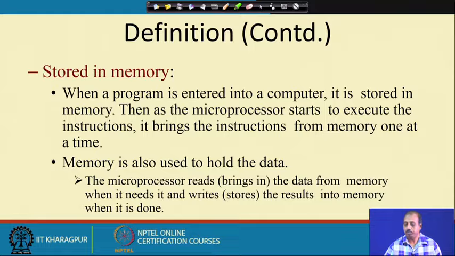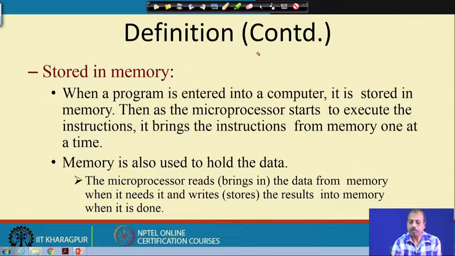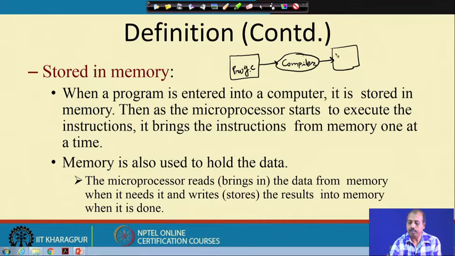What we mean is that first we write a program, maybe in some language, say in C language, a program called program.c. This program goes through a compilation phase. We have a compiler which generates the executable version, the binary file.